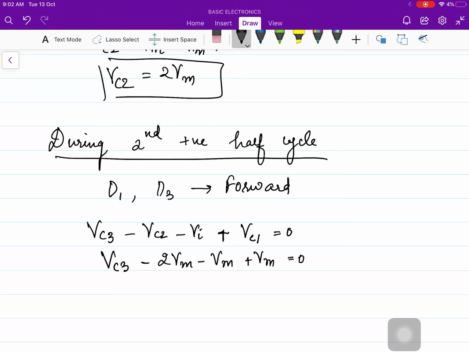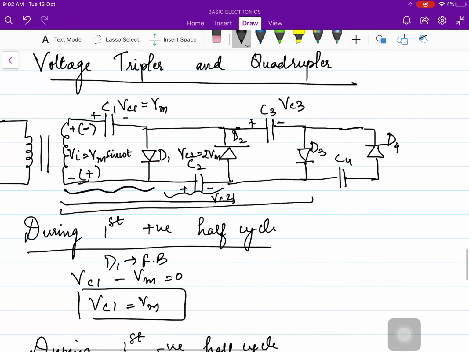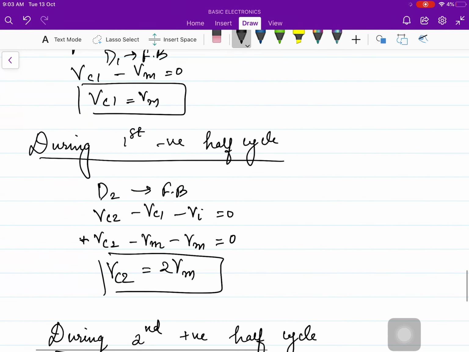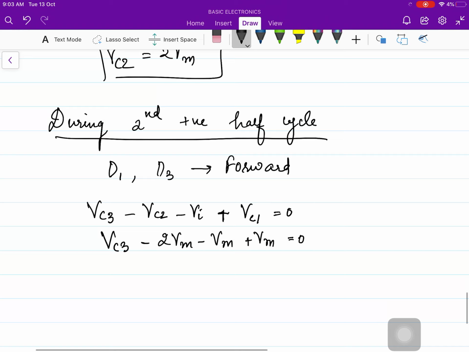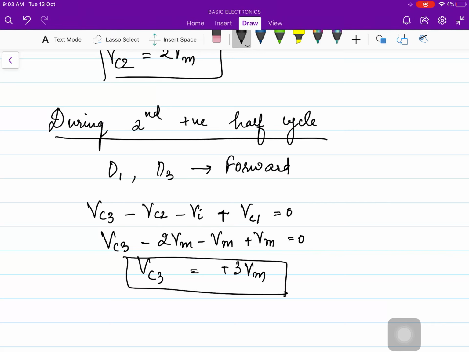So plus Vm. Please let me see once more. Plus VC3 minus 2 Vm minus Vm and plus Vm.